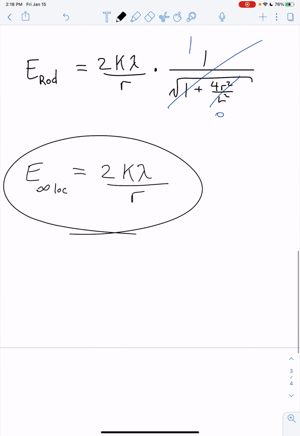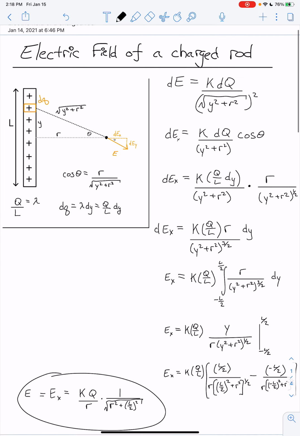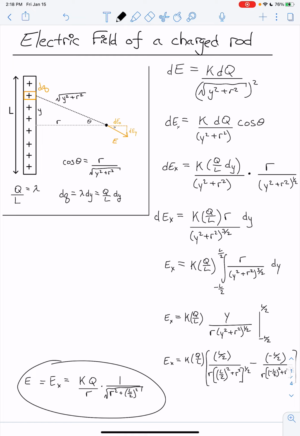So that's where we're going to stop. We have gone through quite a bit of work to show how you get the electric field of a charged rod at a point along the midline that's bisecting that rod.